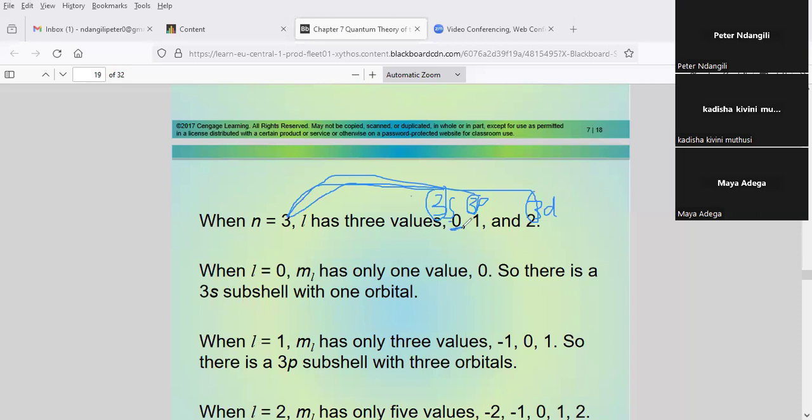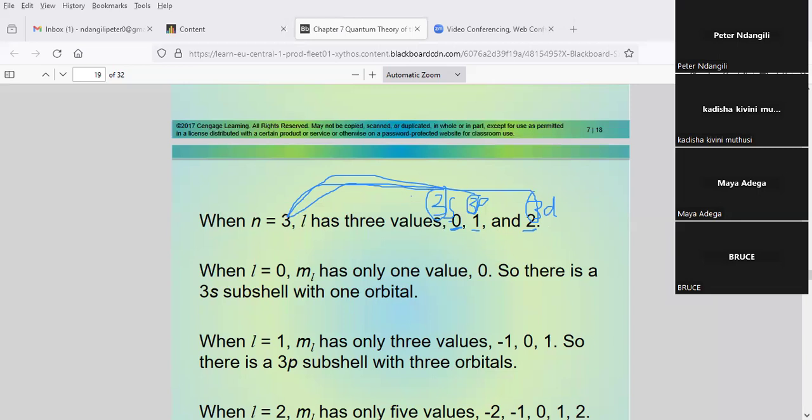When L is equal to 0, that is an s orbital. When L is equal to 1, that is a p orbital. And when L is equal to 2, that is a d orbital. That's why I'm writing 3s, 3p, and 3d in that particular order. Any questions? You'll excuse me for the background noise because I'm teaching from home. If there's no question, then we can continue.